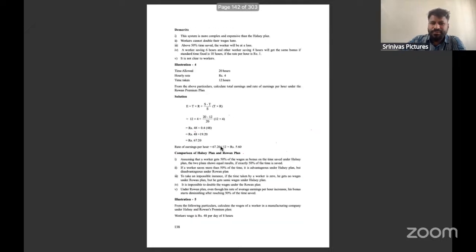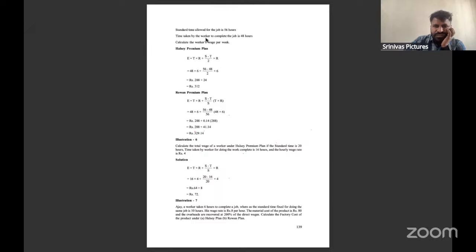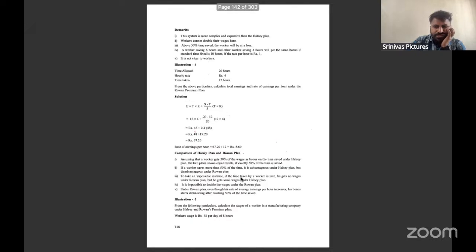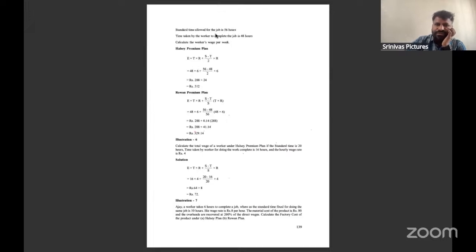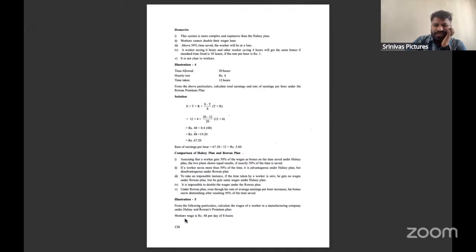Here, one problem is there. This is the first one already which we done. Next one, same problem. Workers' wage rate is 48 per day. 8 hours is working. Standard time allowed 56. See, actually, worker wages 48 rupees per day, 8 hours.